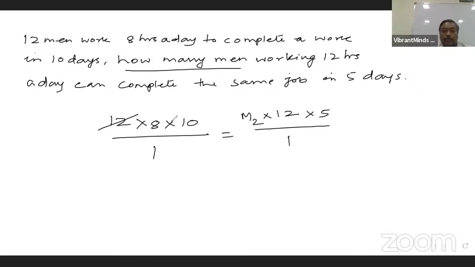Now 12 and this 12 will get cancelled, 5 and this will be 2. M2 will be what? How many men will be required? 16 men. 16 men will be required and your job will be completed. Clear? Go ahead with the next question.